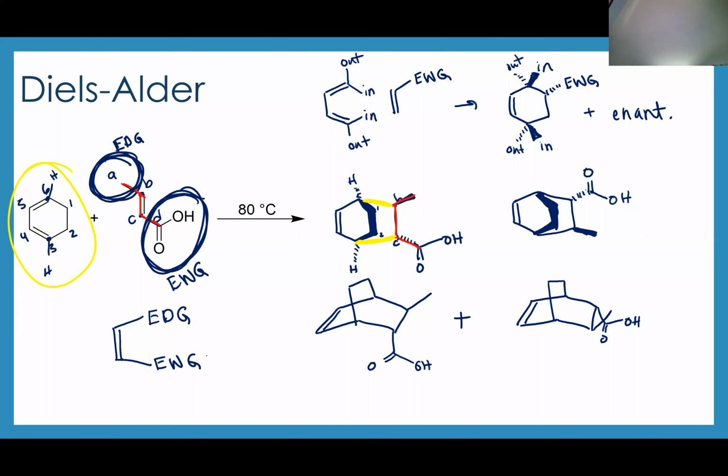But when they're trans, you just have to make sure that you put your electron withdrawing group down for the major product. So again, this is the endo product. The exo product would have the dashes and wedges of our substituents switched. So you would leave everything else the same, and you would just do some switching here.